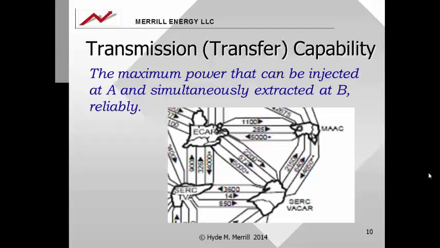Here is an example. This is from a study of the eastern part of the United States. The area labeled as MAC at the upper right-hand corner consists of Pennsylvania, New Jersey, and some other nearby states. South of that are Virginia and the Carolinas. To the west, the Tennessee Valley Authority and some surrounding areas, and in the upper left, Ohio and states and portion of states around it.